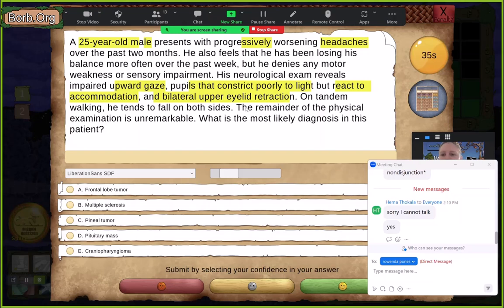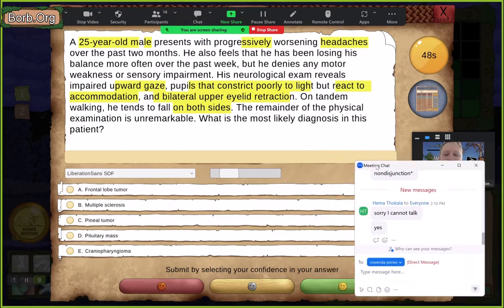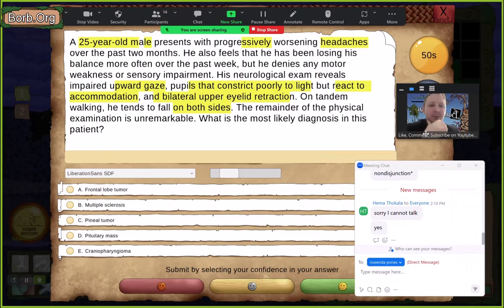On tandem walking, he tends to fall on both sides, meaning he doesn't fall to one side more than the other. The remainder of the physical examination is unremarkable. What is the most likely diagnosis in this patient? What are you guys thinking?